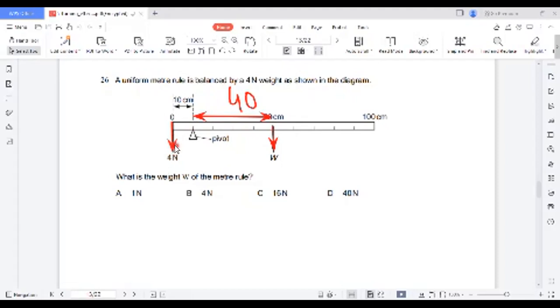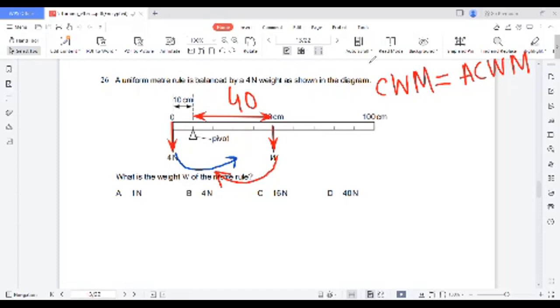So we can find, we know that clockwise moment and anti-clockwise moment are equal in case of a balanced beam. So clockwise moment is generated by the weight, in this direction, and anti-clockwise moment is generated by this 4 Newton force.